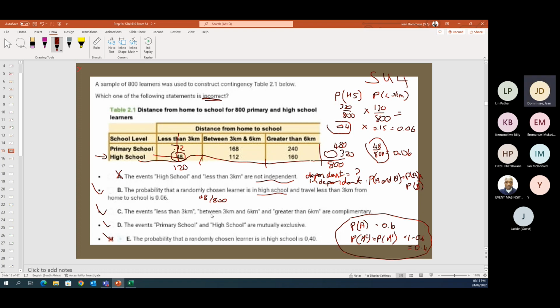So one nearly needs to, in the exam, also look at what you're most comfortable with in working out, and it might have been a much shorter time to say, okay, let's look at the other options before we try to work out if something is dependent or not.